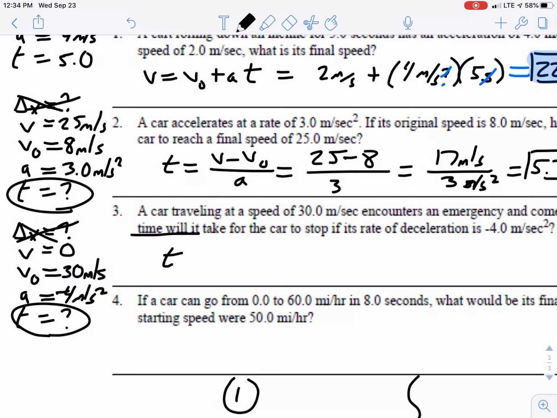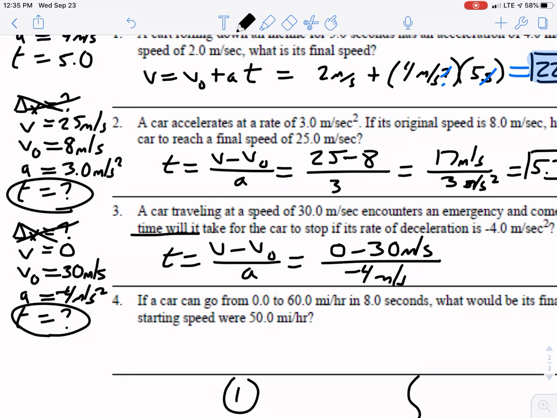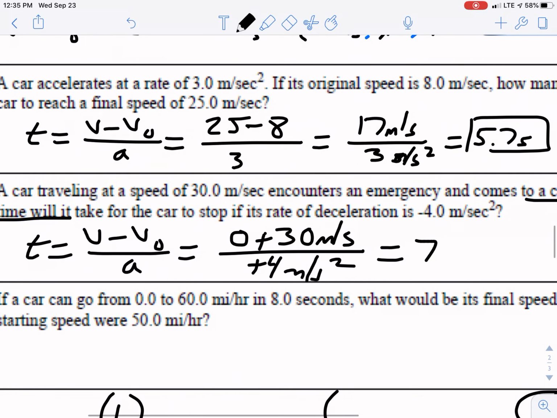So I'm using the same equation, v minus v naught over a, in which case we're going 0 minus 30 meters per second over -4 meters per second squared. You'll see the negatives cancel, right? Can't have a negative time, so if time comes out to be negative, you know you did something wrong. And then dividing those two correctly, we get about 7.5 seconds.